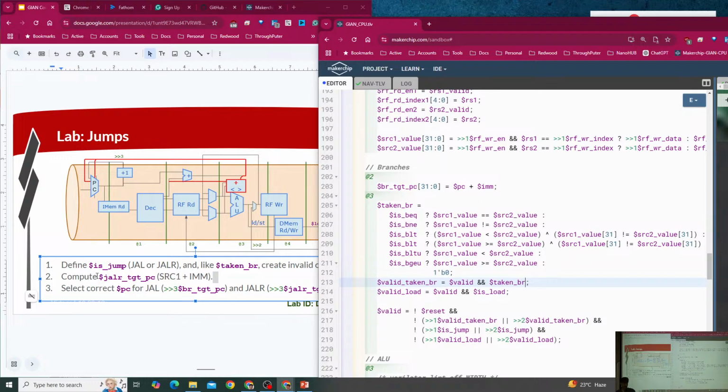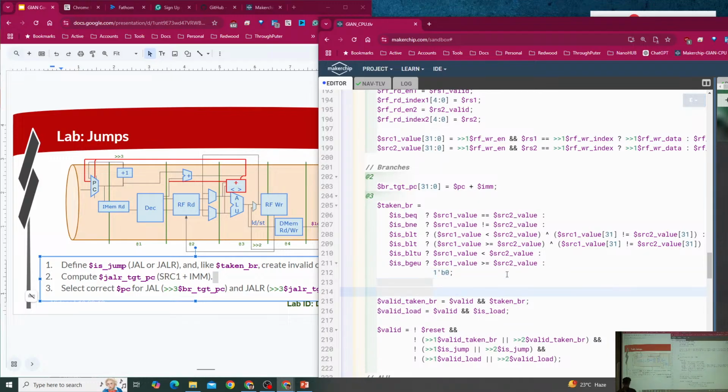And then we'll compute the JALR target PC. So let's do that. In the diagram, I put that in at 3. I have to do that after I have my source 1 value. So we'll do that in R3 where we do the comparisons for the branch taken. That's here. So I'll just put that right here.